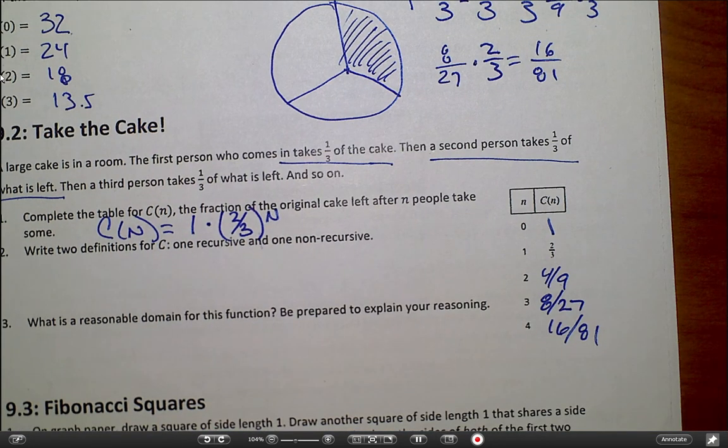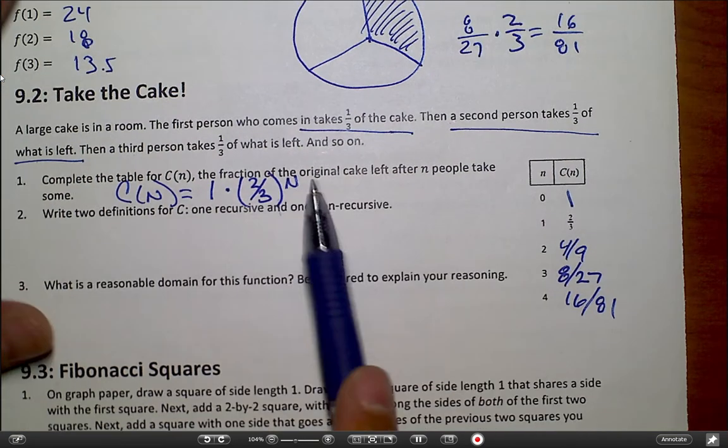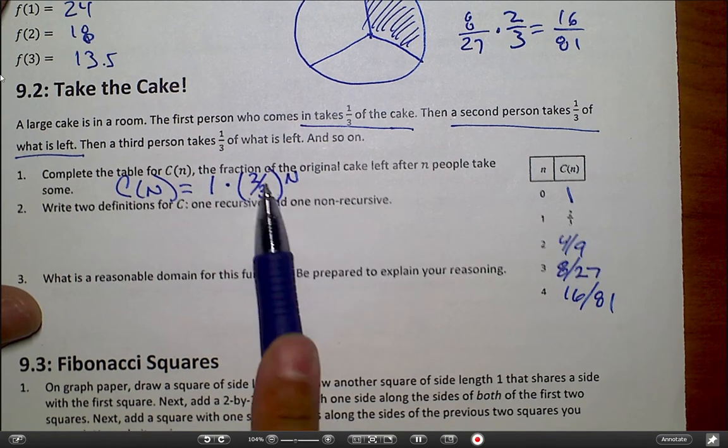Now, if you guys remember from yesterday, we were talking about the difference between recursive and non-recursive, explicit, which is something specific. We want a certain term right there. Recursive requires the previous term.